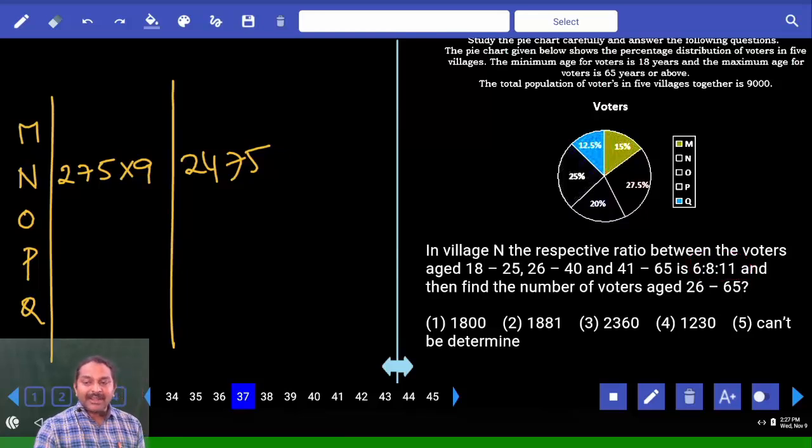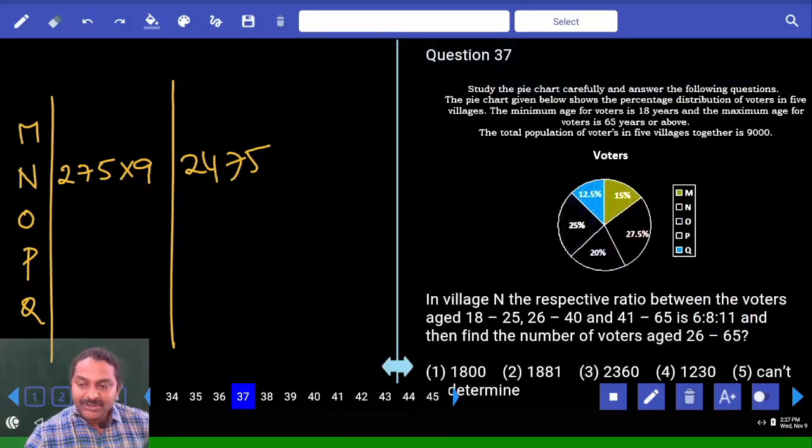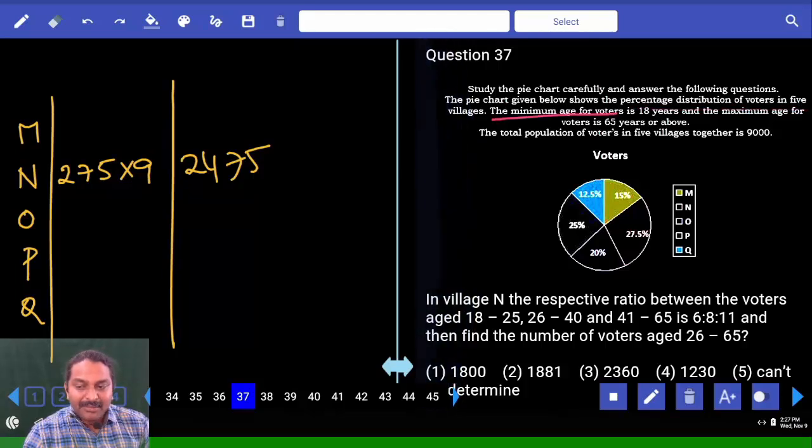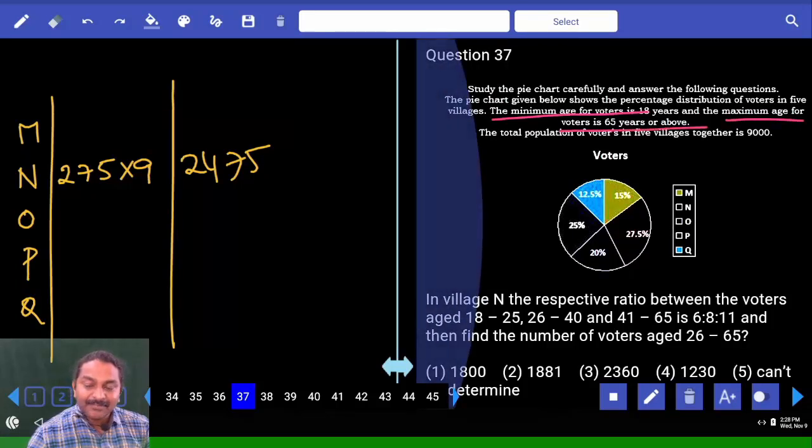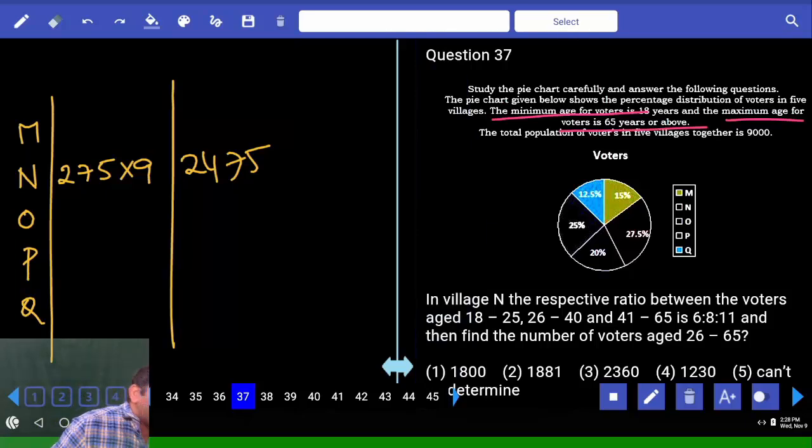6:8:11. Read the condition again. It shows the percentage of distribution of voters in the village. The minimum age is 18 and the maximum age for voters is 65 or above.